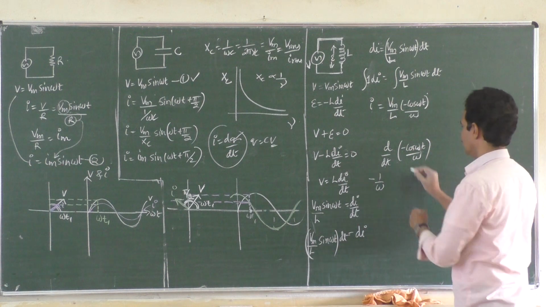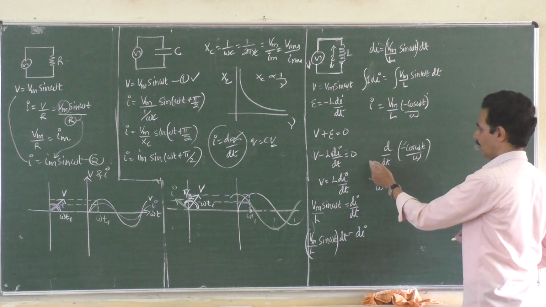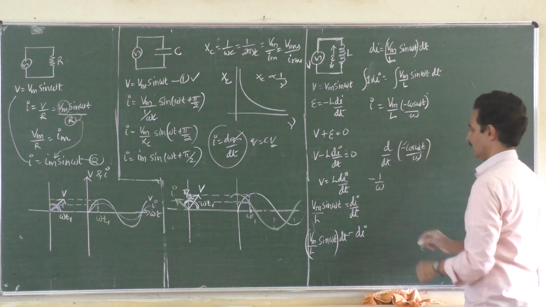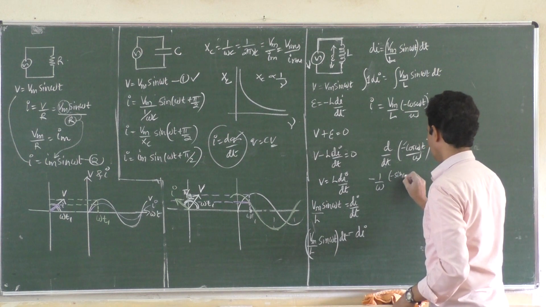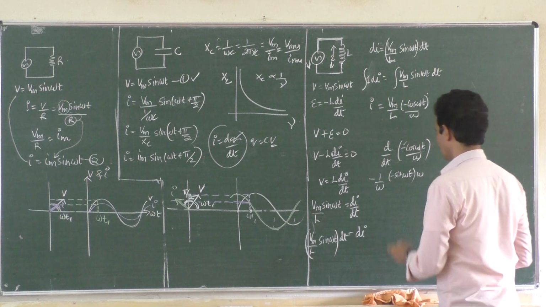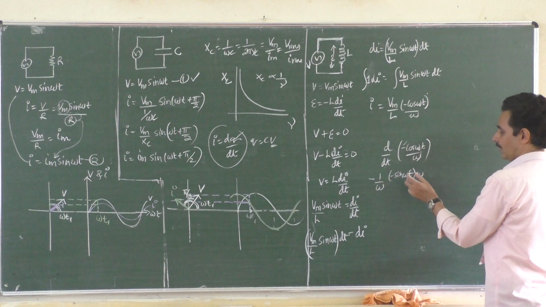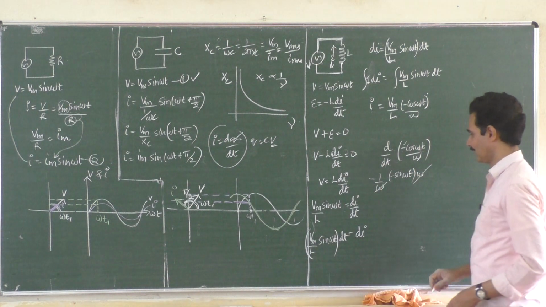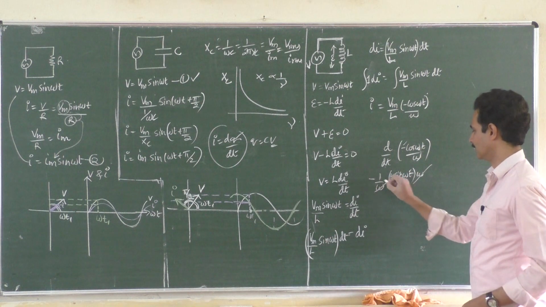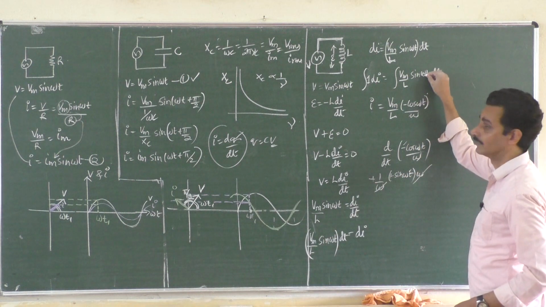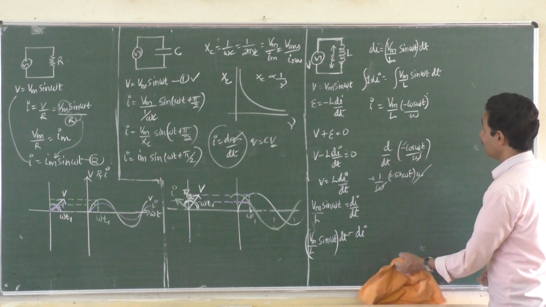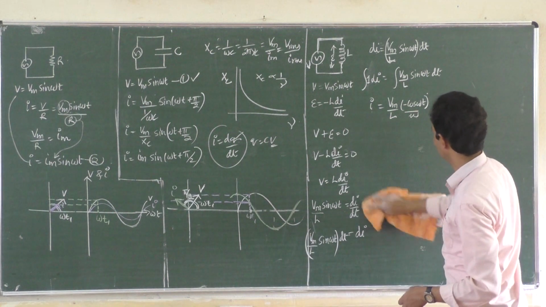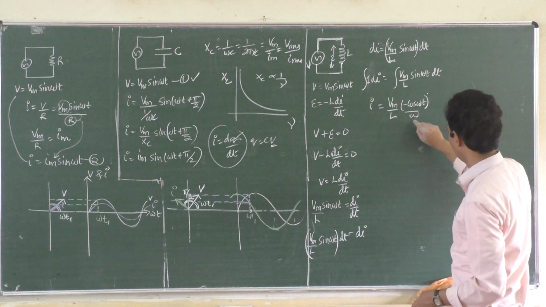I will take the minus and the omega outside. d by dt of cos omega t is minus sin omega t into omega, because you have to differentiate omega t also. This omega got cancelled, minus minus plus sin omega t. We have got it. So the integration of sin omega t is minus cos omega t by omega.